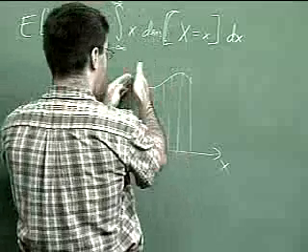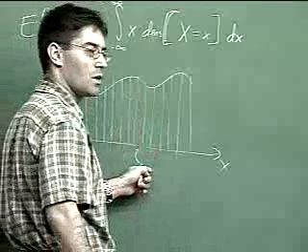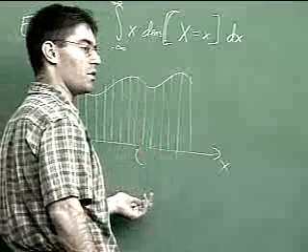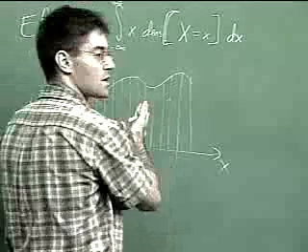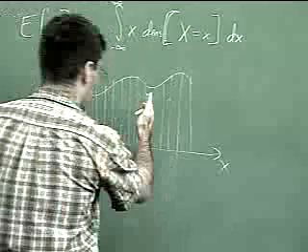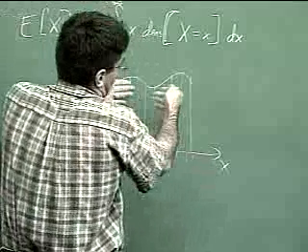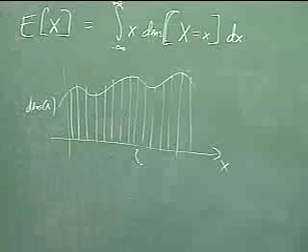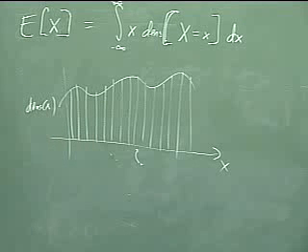So this area is sort of what fraction of the time it takes on this value. Then you want to multiply it by the value, right? That's how you compute the average. And then it's just squishing these things down. This is an approximation, and by making the width of the intervals go to 0, the approximation becomes more and more accurate. And the integral is the limit of that squishing down.